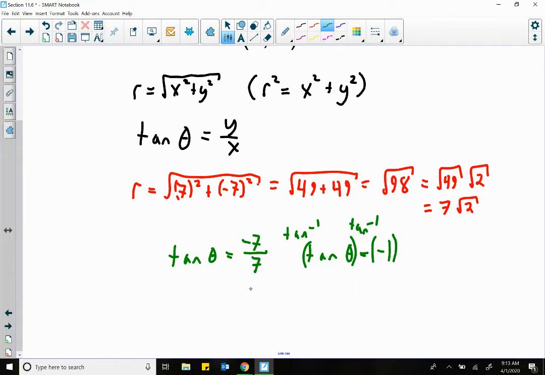So theta is equal to whenever tangent is -1. If you go to your list and look through, when is tangent -1? Well, we've got two answers for that: 3 pi over 4 and 7 pi over 4.